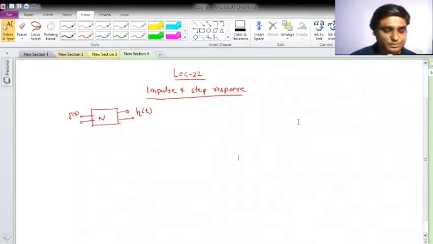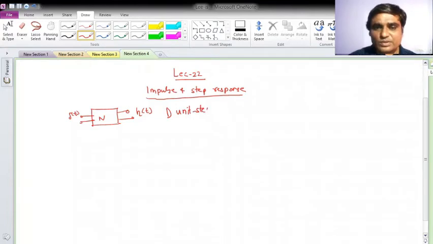Okay, so to understand this, first let us see some singularity functions that we discussed. It is the unit step function. We know that the analogy of the unit step function is a DC signal or constant DC excitation, and it is represented as u of t, which is 1 for t greater than or equal to 0, and 0 for t less than 0.